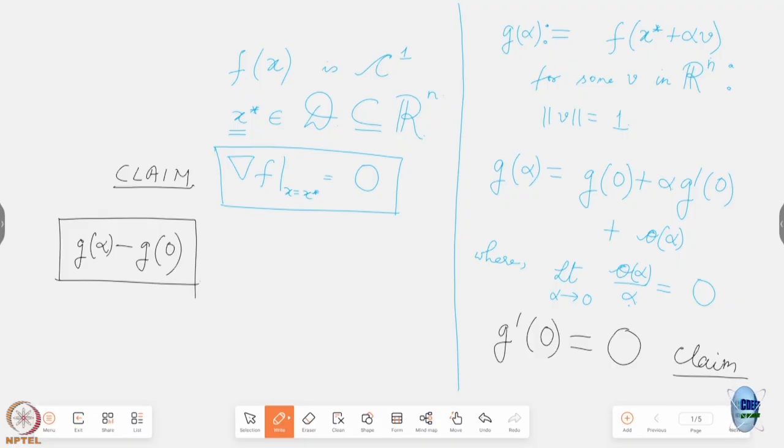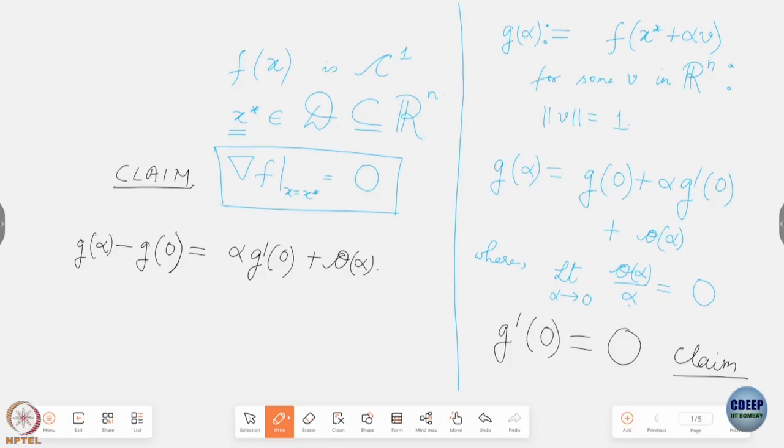Why must this be true? Once again, turn your attention to this object here, and let us write it as alpha g prime 0 plus these higher order terms here.